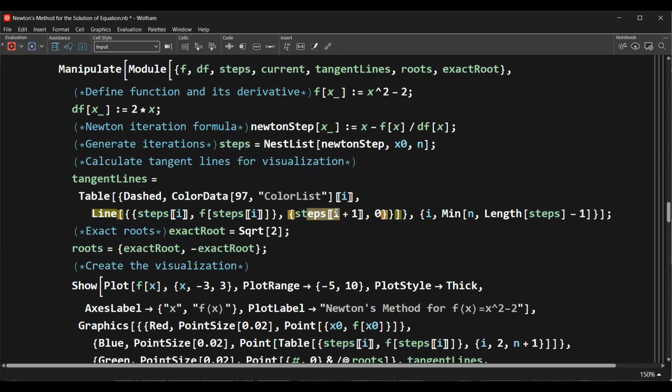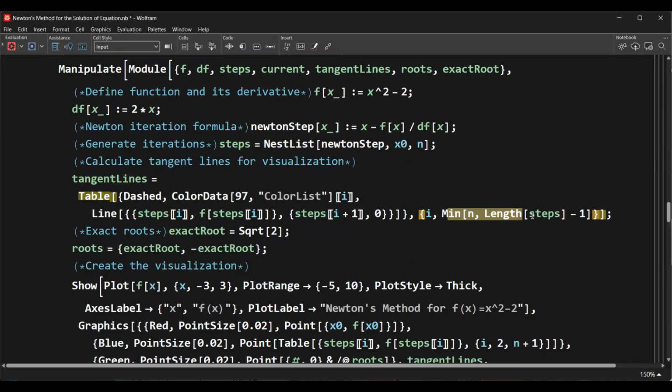We have the root of the equation here, approximate root is equal to steps, the value at the steps of i plus 1. And the corresponding value of y here is equal to 0. Then we have here i from i equal to 1 to the minimum of this value, so that we don't use all the values of the steps here.